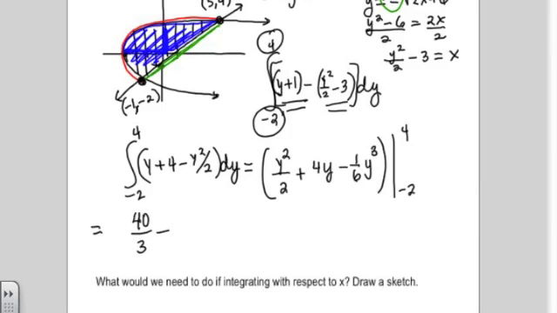And then -2 cubed is -8, so times a -1/6. So it's 8/6, or 4/3. So I get minus a -14/3. 18. Okay, so you get 18 for your answer.